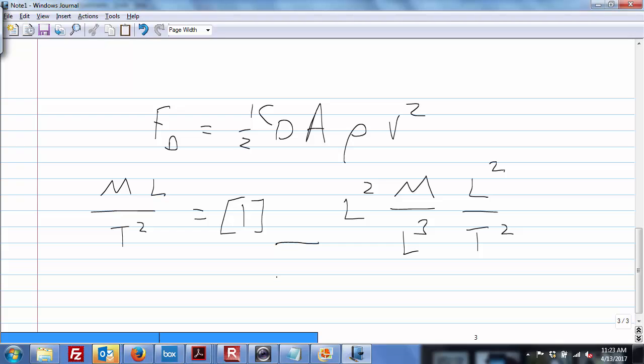Okay, now we're trying to figure out, what is this C sub D thing? Well, we can scratch that out. Scratch out the M. Now what do we have? Let's see what this becomes. This becomes L to the 4th.